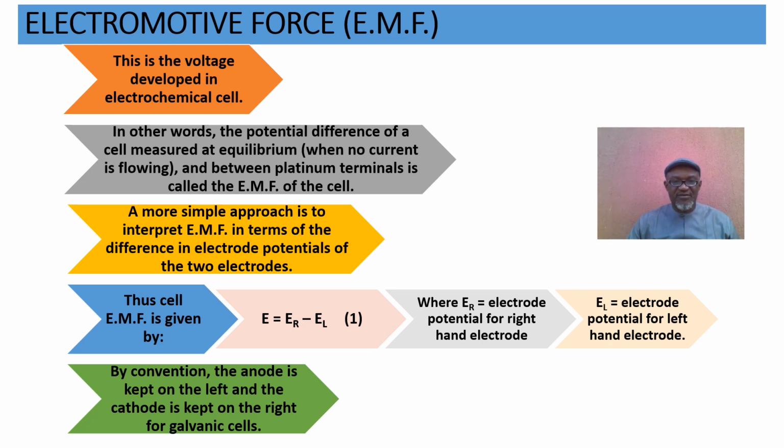So following this galvanic cell convention, that's why we have E right minus E left. We'll also see some other definitions of electromotive force, just like when we talk about E oxidation minus E reduction.